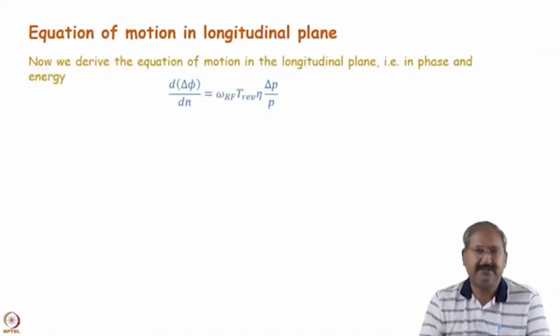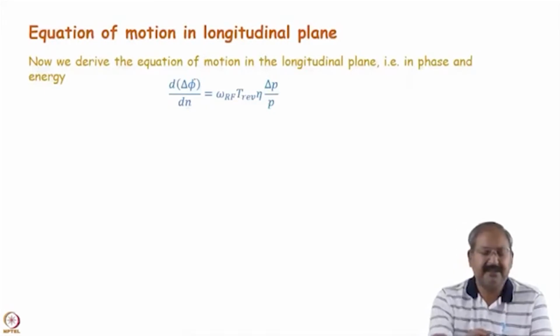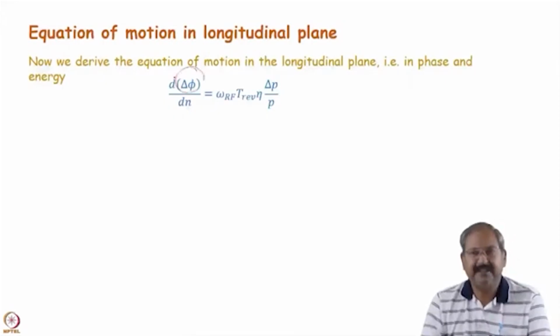Now we derive the equation of motion. We have seen qualitatively that if a particle is deviated in phase or energy, it will execute some kind of oscillations. Now we will derive quantitatively what kind of oscillations these are. So in one turn, keep in mind, this delta phi is basically the change in phase with respect to the synchronous particle.